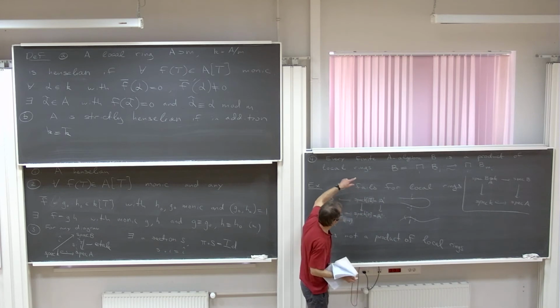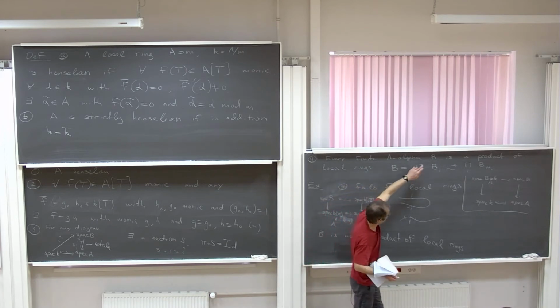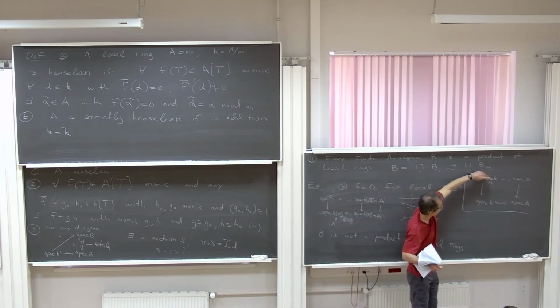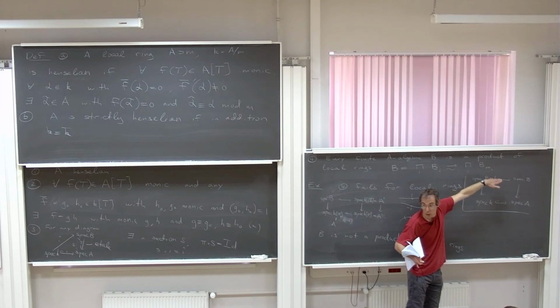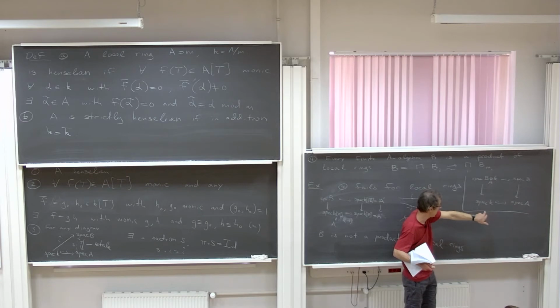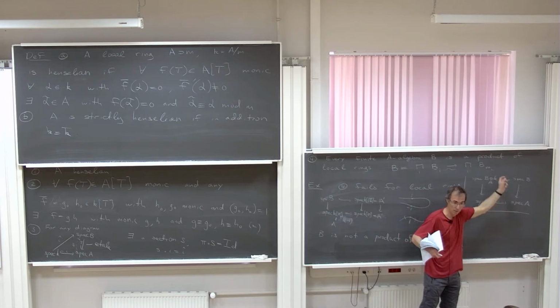So maximal ideals of B are in one-to-one correspondence with maximal ideals here, right? Because every maximal ideal of B contains the maximal ideal of A. Therefore, it's a maximal ideal in the quotient.